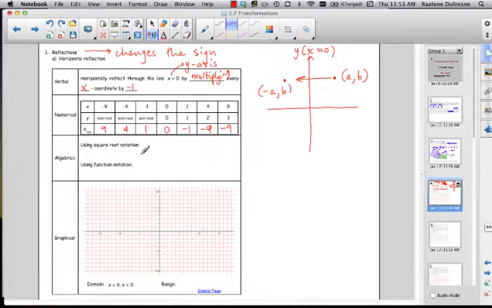Using the square root notation, we have y equals the square root of x, but upon changing the sign of x, this turns into y equals the square root of -x. The function notation says that the parent function is y equals f of x, but the horizontal reflection says to multiply x by -1. So y equals f of -x.